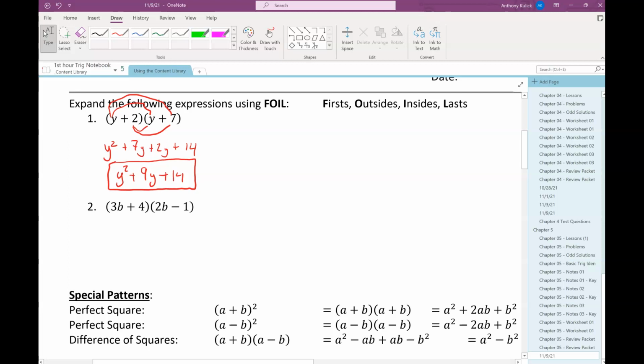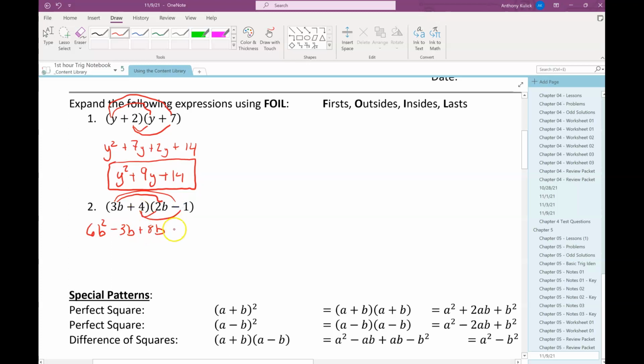All right, let's get going on this then. When we multiply our firsts together, we have to be a little bit careful. 3b times 2b, we multiply the coefficients together and get 6, and we multiply the variables together and get b squared. The outer, 3b times negative 1 gives us negative 3b. The inner, 4 times 2b gives us 8b.